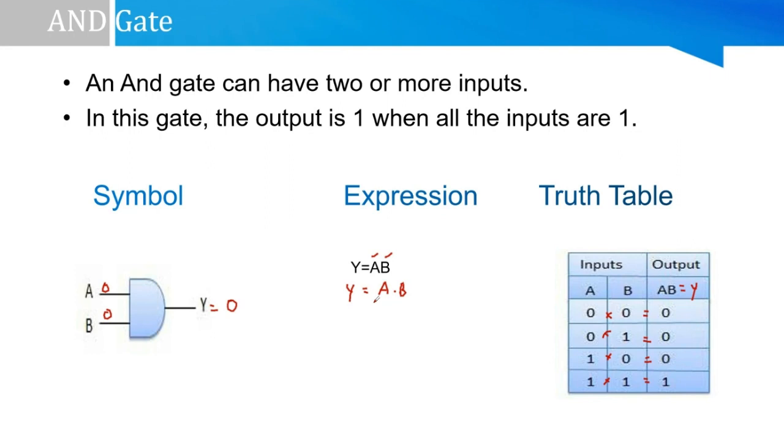Yes, I got it, but that is the operation, right? I am asking what is the application. Why do we need the AND gate? The AND gate will operate when both are high, it will give the result only once both the inputs are available.